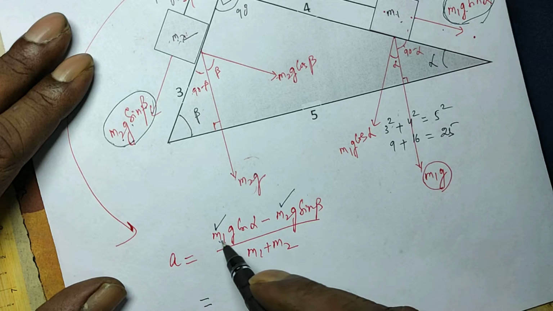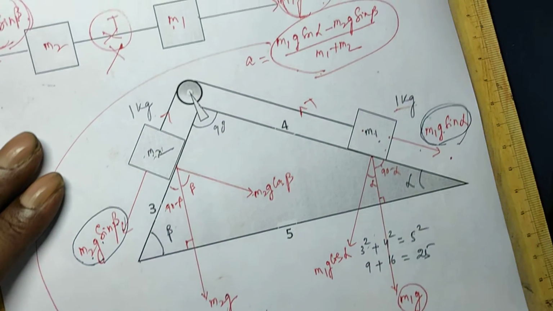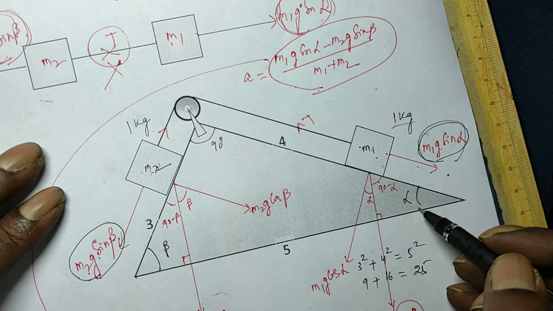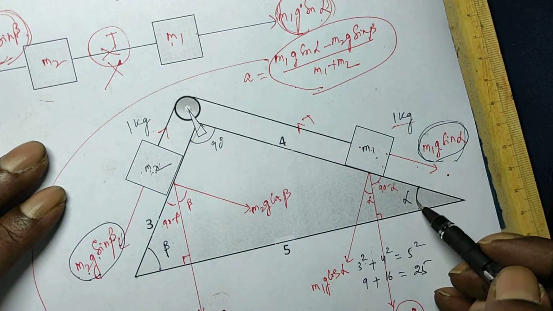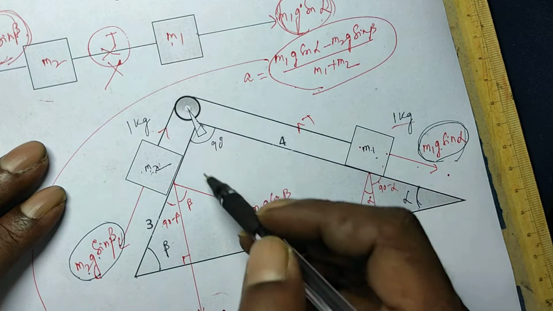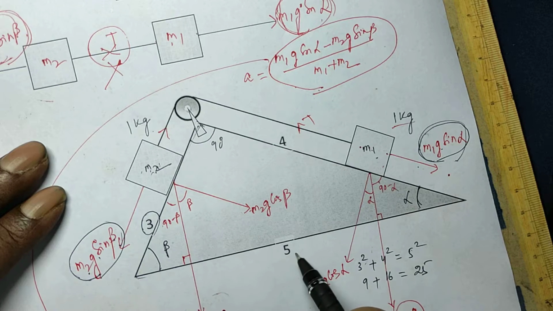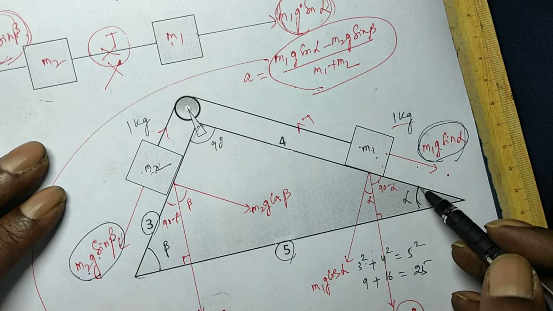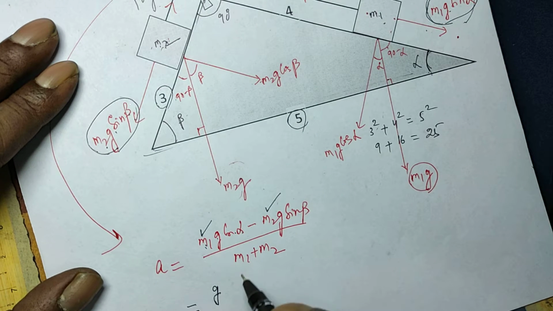So this becomes 1 into g sin alpha. Now what is sin alpha? Sine of this angle. Since this is a right angle triangle and we are considering this as the angle, the side opposite to it is your perpendicular and this is your hypotenuse. So sin alpha will be 3 over 5.